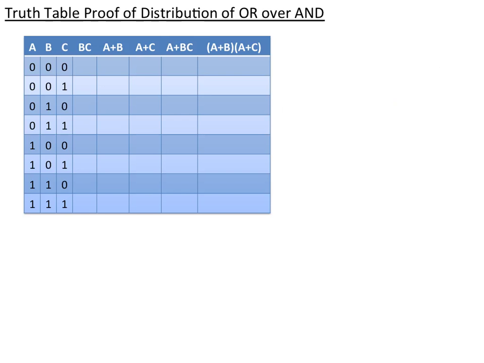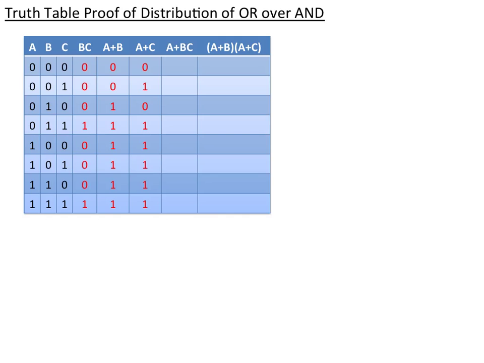Another way to prove identities is to just write out the whole truth table. So I want to prove that you can distribute OR over AND, so I want to prove that A or B and C is the same as A or B and A or C. So I have A, B, and C. I have only 8 possibilities to work out, and I just go through that work.